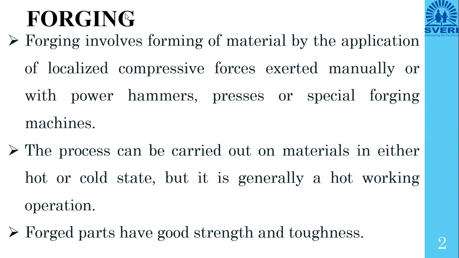So these properties, good hardness or strength and toughness, are opposite properties. Whenever a material is tough, that means it absorbs all the energy, and at that time it becomes ductile. If you take the example of a steel rod, what happens? If you hammer that steel rod, it will not break, it will bend.